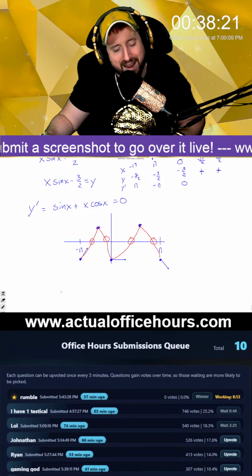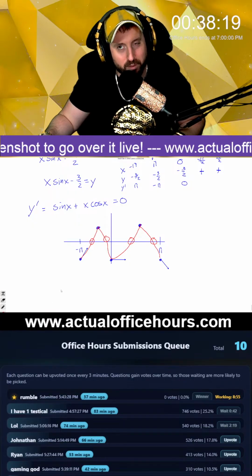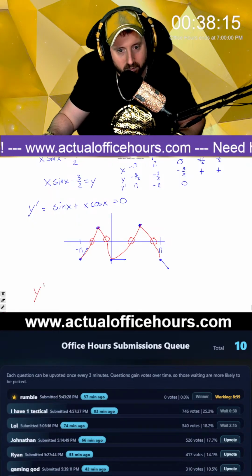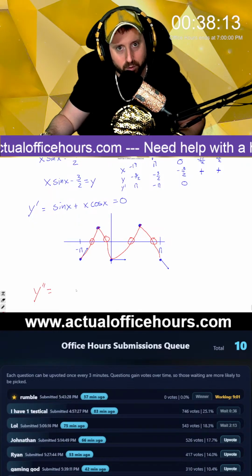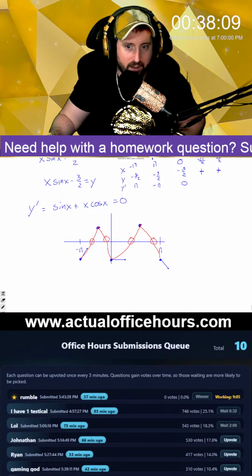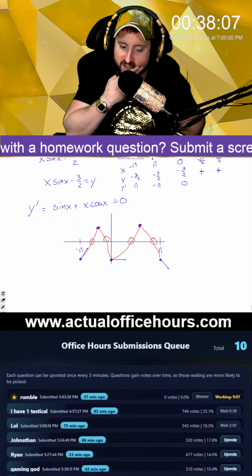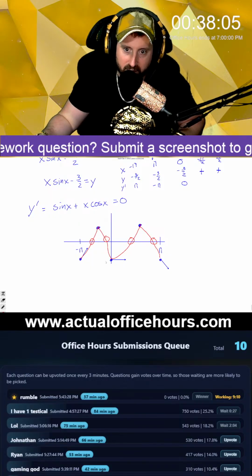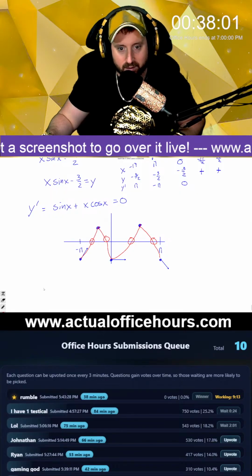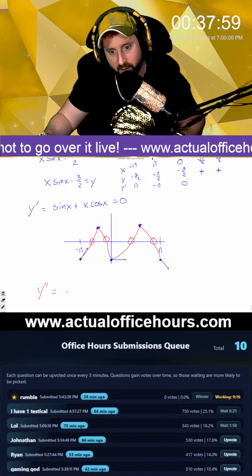Maybe I need to do y double prime, because that's when the first derivative changes. That would be an inflection point. Otherwise I have to show that sine of x plus x cosine of x is always positive from negative pi to that, which I think is hard to do. So I think I need y double prime.